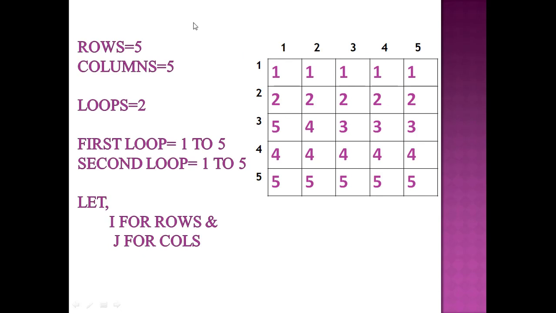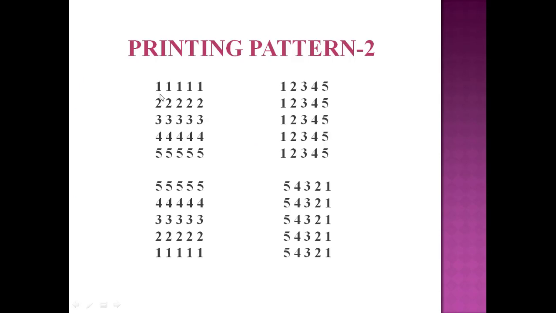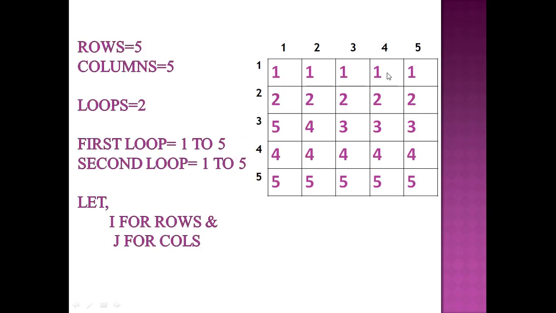Just like the previous video, where I allocated stars in the boxes, similarly I have allocated the first pattern which I need to print, that is 1 1 1 1 1. 1 is 5 times. After that in the second row 2 is also 5 times, and till 5 it is 5 times. So I have allocated the whole pattern in the boxes.